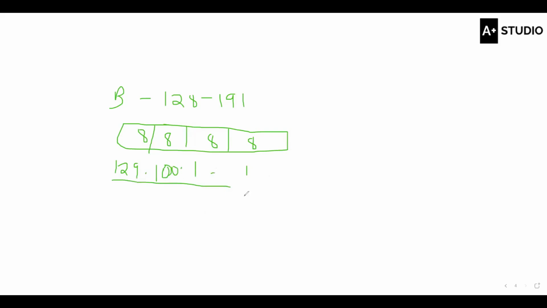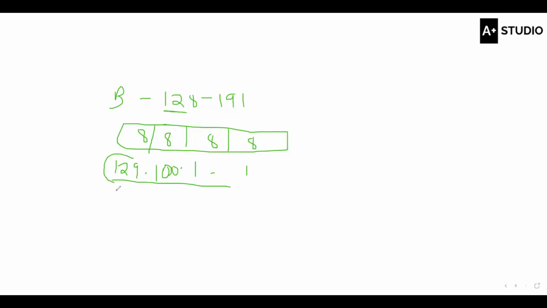So when I see this kind of network, I should be able to tell that it is a class B IP address, because this particular first value is telling me that it ranges from 128 to 191.